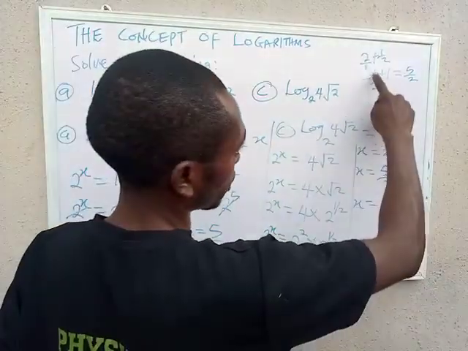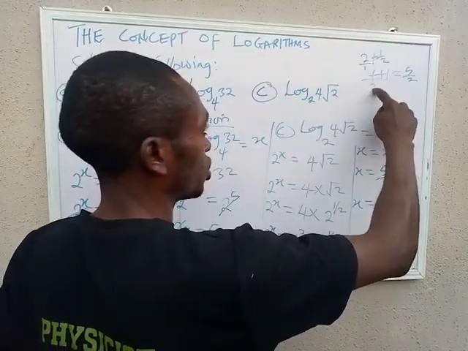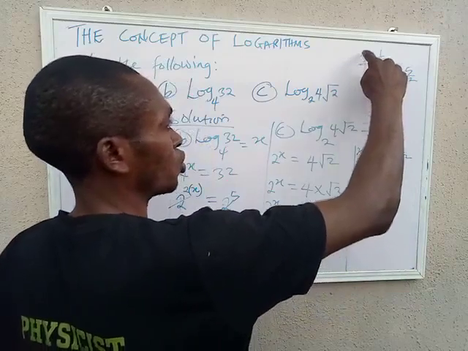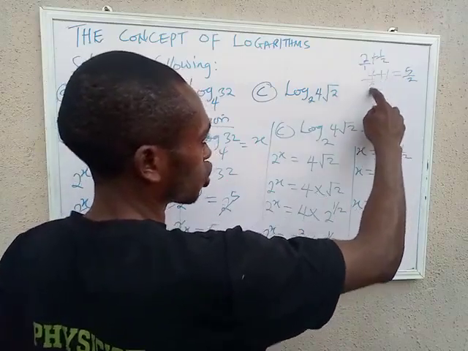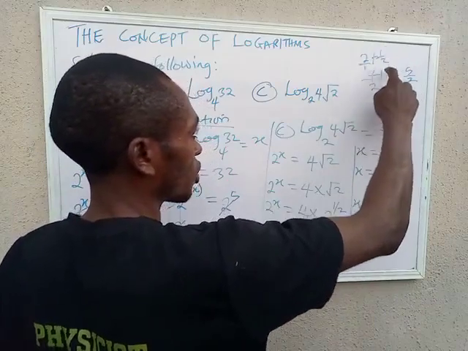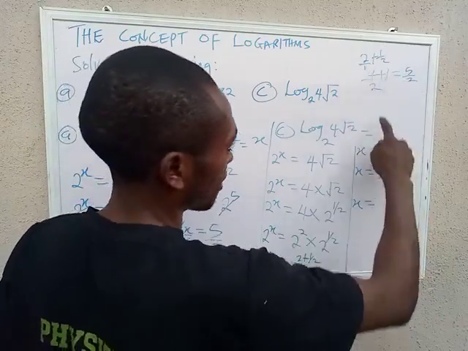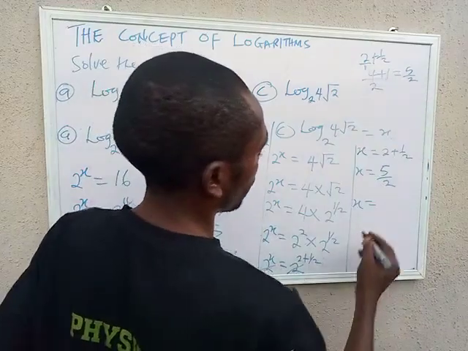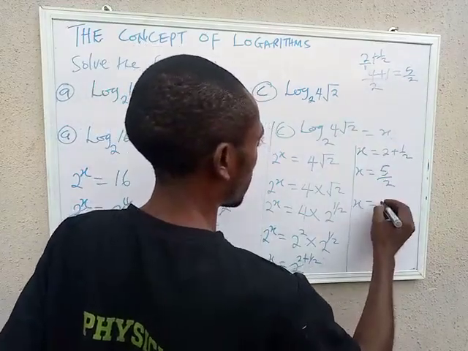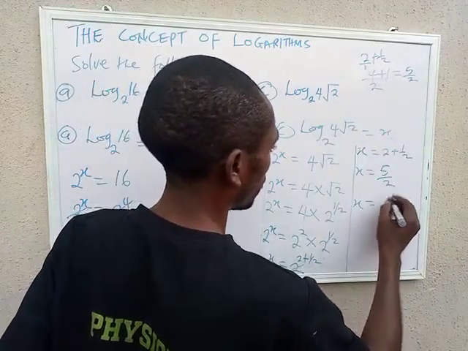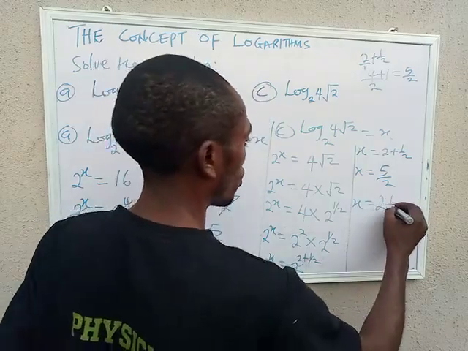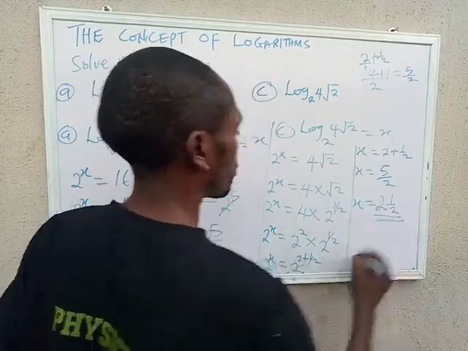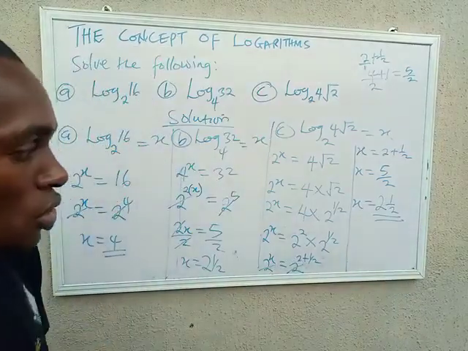The LCM of 1 and 2 is 2. 2 divided by 1 is 2, 2 times 2 is 4, plus 2 divided by 2 is 1, 1 times 1 is 1. So when you add, you have 5 over the LCM, which is 5 over 2, that is 2 and 1 over 2. This is the answer to this question.